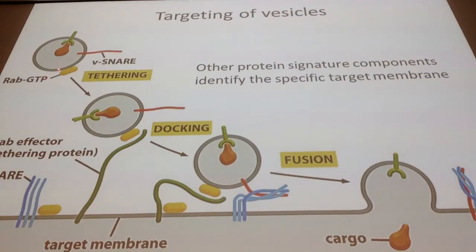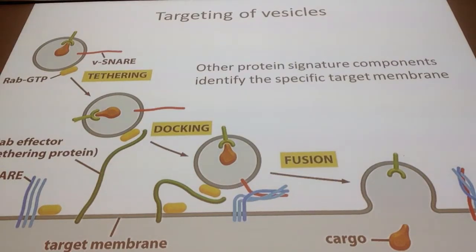So there's a Rab-GTP, which is a G protein, that will target a certain Rab effector. So there's a Rab protein on the vesicle and a Rab effector protein on the target membrane. This is what we refer to as the protein signature.